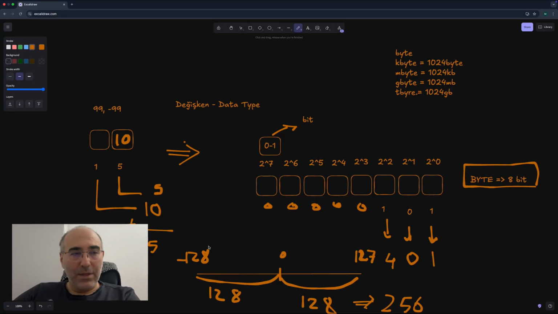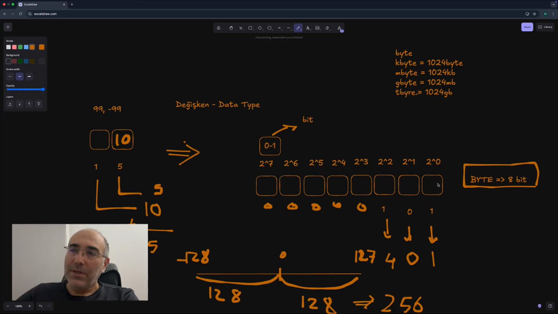So now, there should be something here that makes us wonder. Teacher, when you count the boxes here, when you calculate the boxes like this, okay, you reach 256 numbers, but how will you determine which are positive and which are negative? So, some are positive and some are negative.